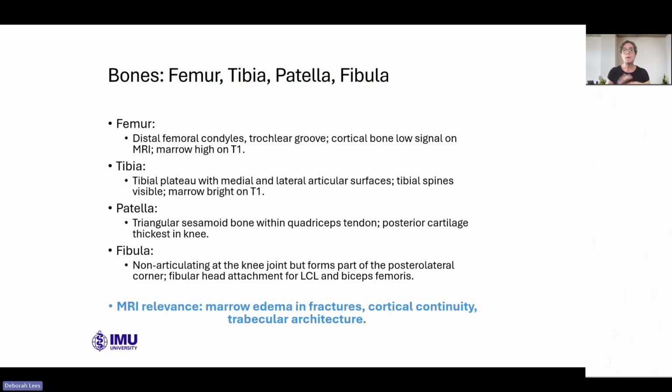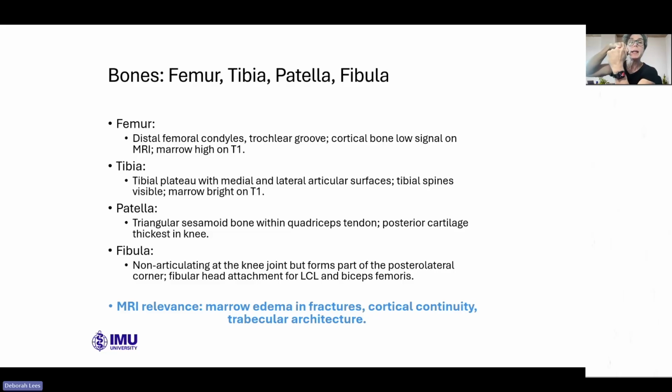Okay, so femur, distal femoral condyles, really important. Trochlear groove, your patella has to sit in the trochlear groove, and your trochlear groove is very important because the undersurface of the patella is actually V-shaped. And if you think of the trochlea as being like that groove between my knuckles, the patella sits in there and essentially slides up and down.